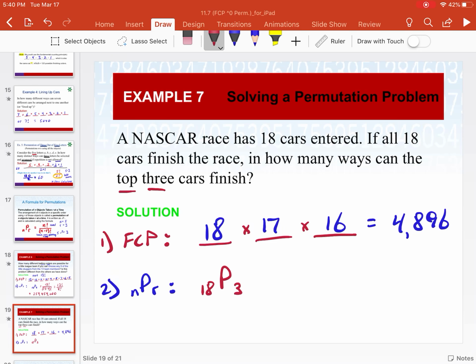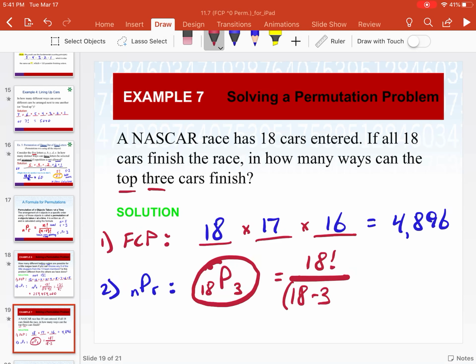Okay. So again, as far as showing your work on the homework, this is all you've got to do: give me this, and then the answer. You don't need to work it all out. But again, what's the formula doing? It's taking a look at all the possible finishes, and it's subtracting out the 15 cars that don't get used. This is what's going on in your calculator.